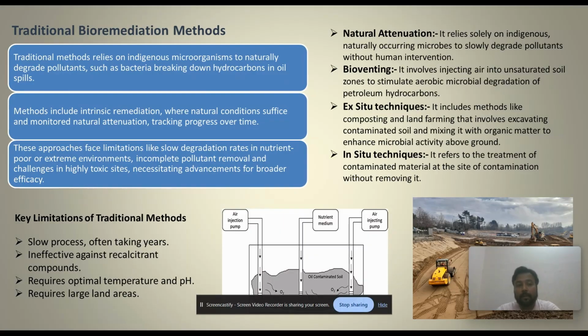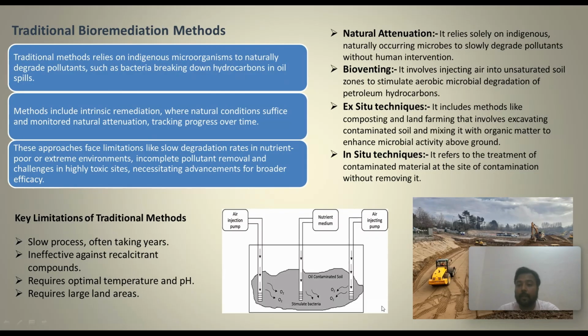Some of the traditional methods I have mentioned here, like natural attenuation, rely solely on indigenous, naturally occurring microbes that slowly degrade pollutants without any human intervention. Bioventing involves injecting air into unsaturated soil zones to stimulate aerobic microbial degradation of petroleum hydrocarbons.